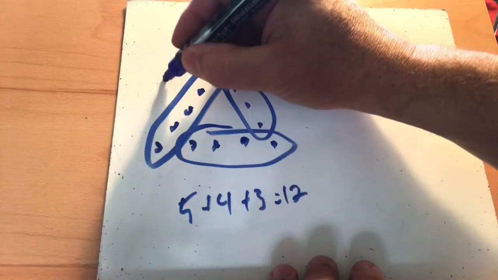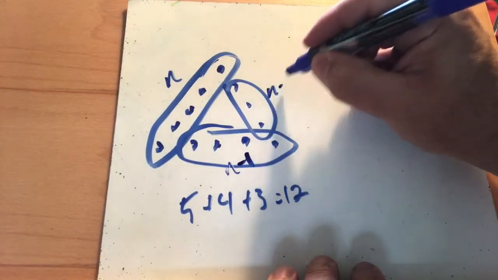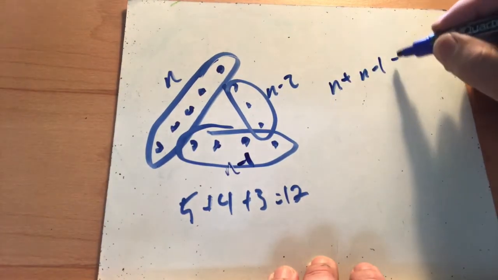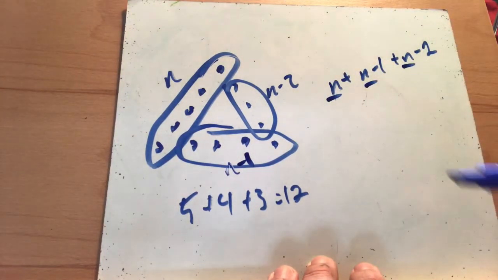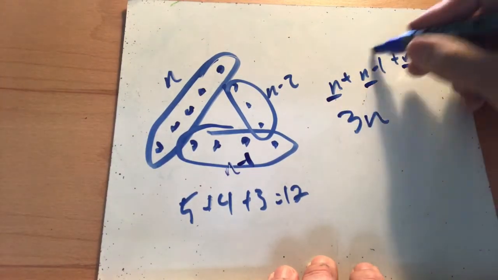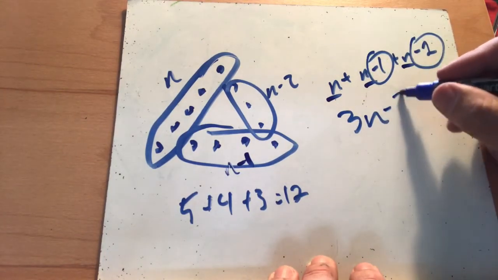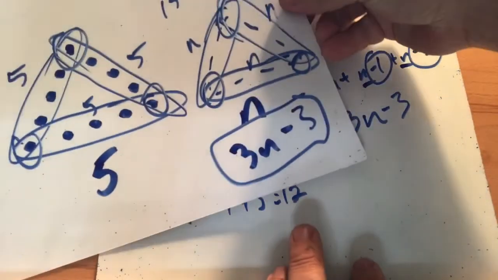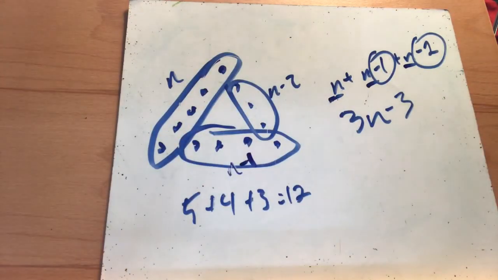And then that's n, and that's n minus 1, and that's n minus 2. So you've got n plus n minus 1 plus n minus 2. That's 3 n's. Take away 1, take away 2 more, take away 3. That looks awfully familiar. Ooh, 3n minus the 3. Again, the minus 3 is for a different reason this time.